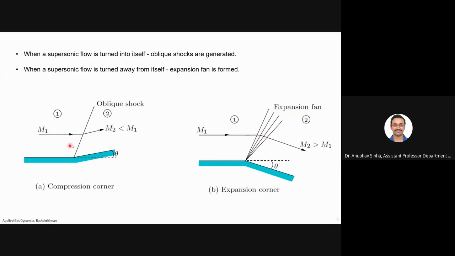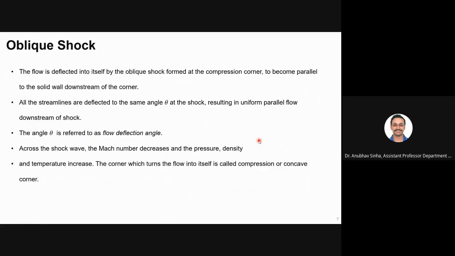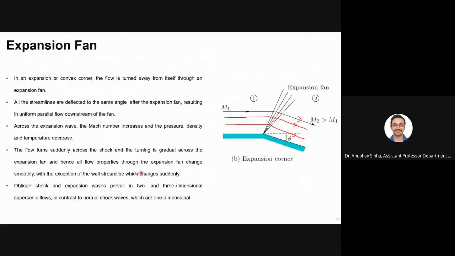There will be a step change in properties across a shock, and a gradual change in properties across a fan. Except near the wall at the corner, where it is a step change, otherwise it is all a gradual change. Okay, this is the exception, near the wall streamline. That's the point. Other than that, it is all smooth and gradual change.